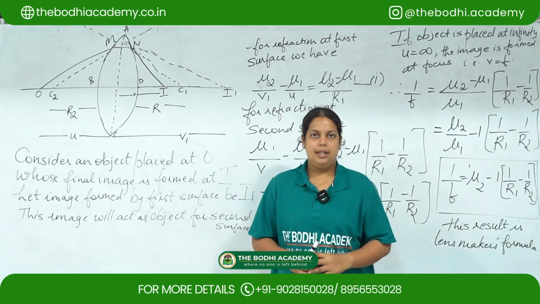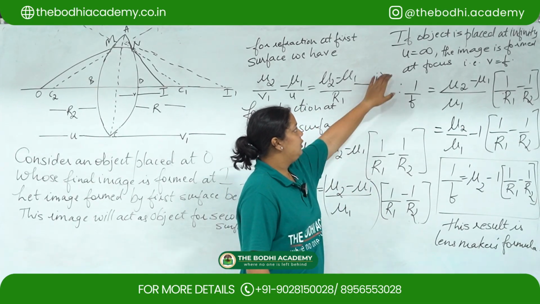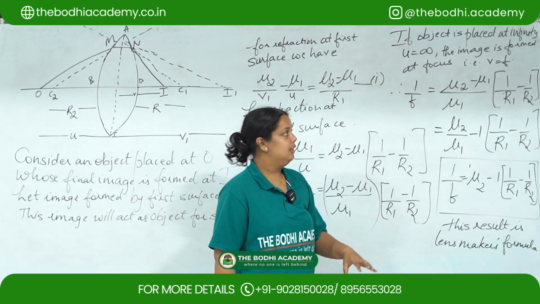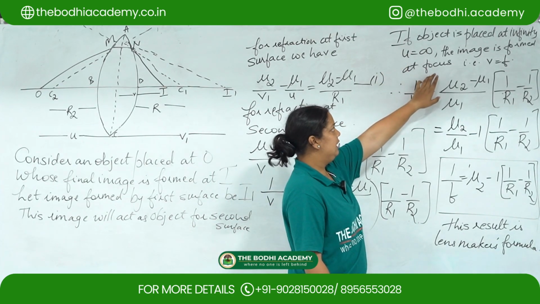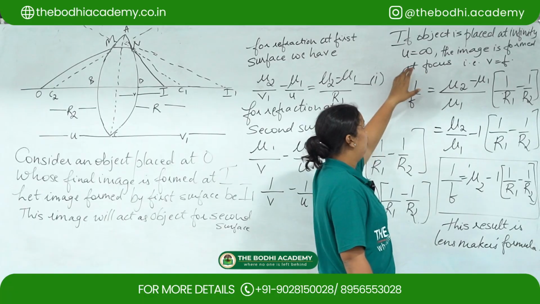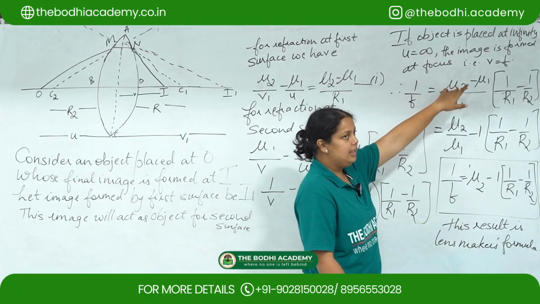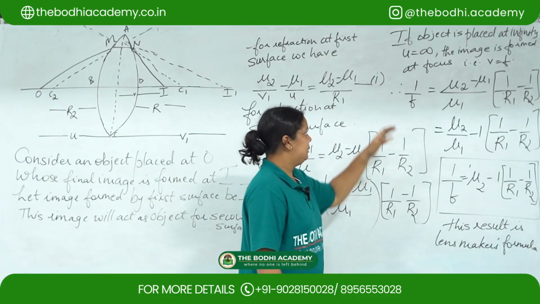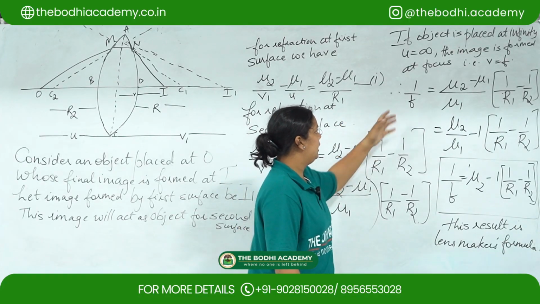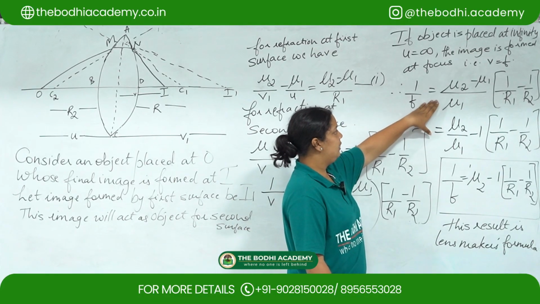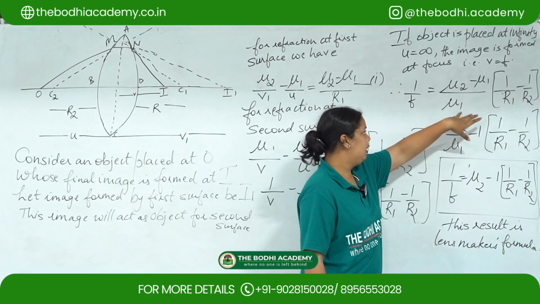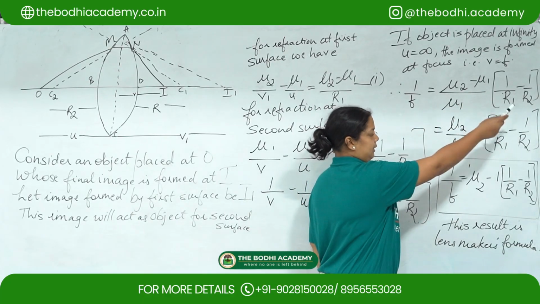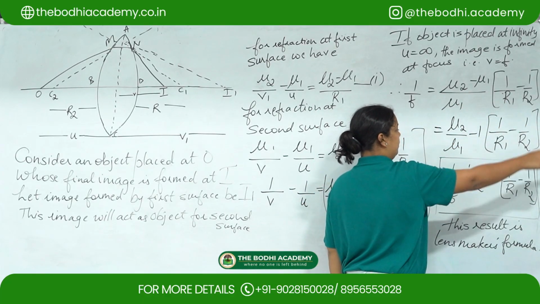If the object is placed at infinity, u, that is the object distance, becomes infinity and the image is formed at the focus. So v, that is the image distance, will become f. Substituting that in this, we get 1 by f is equal to (mu2 minus mu1) upon mu1, and this remains the same, 1 by R1 minus 1 by R2.